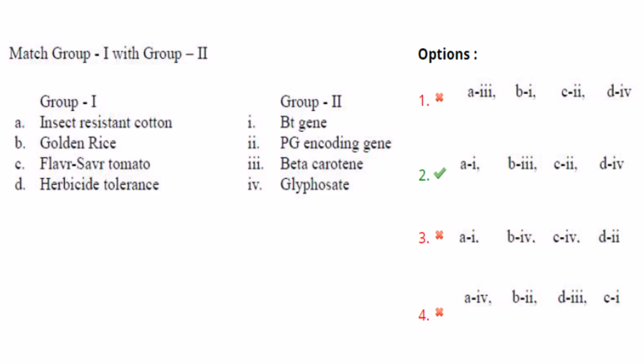When this particular gene was silenced, the tomatoes had extended shelf life and remained firmer. Then herbicide tolerance, glyphosate. Glyphosate is a herbicide. It was widely used, but on application scientists found that glyphosate also harms the crop plant, not only the weeds.